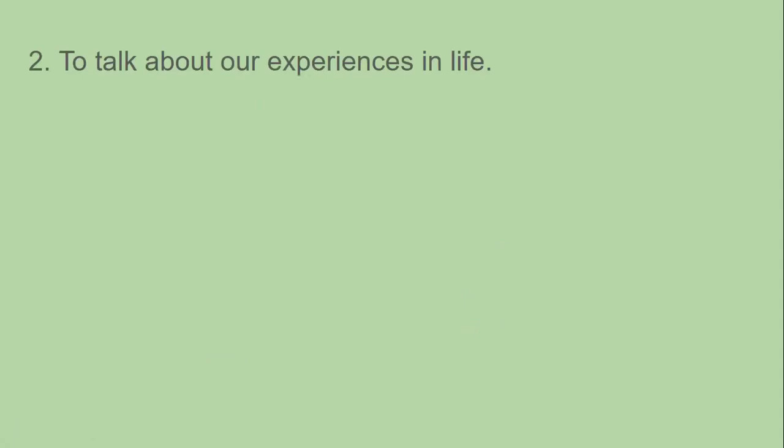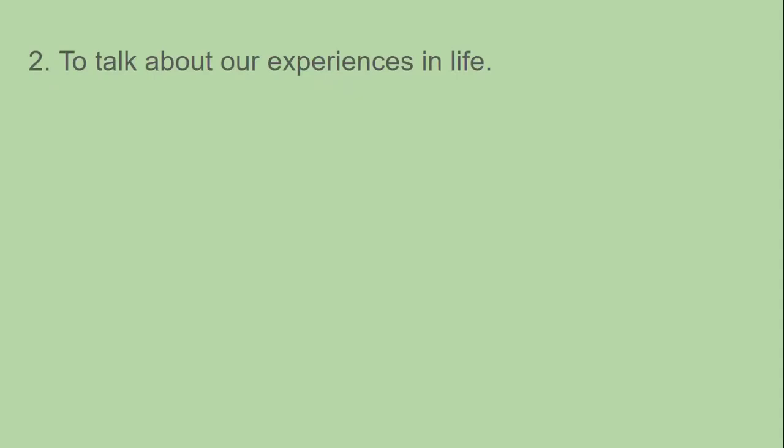Now we also have the second case of the present perfect tense. And the second case is that we use the present perfect tense to talk about our experiences in life. For example, if I say, I have been to Japan, I have traveled outside the country before.